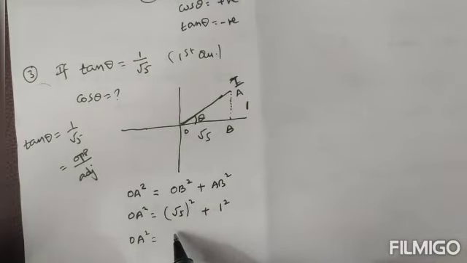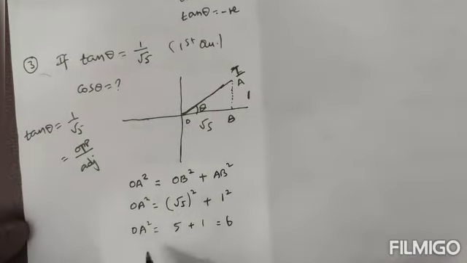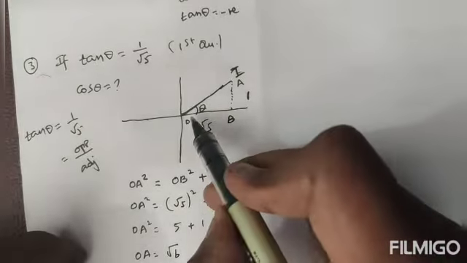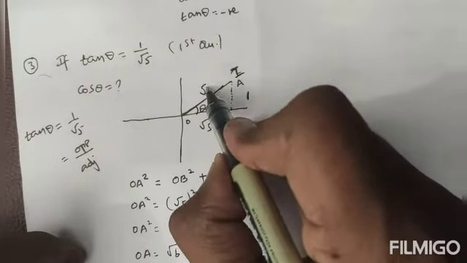Root 5 into root 5 is 5, plus 1 squared is 1, so this is 6. Therefore OA is equal to root 6.